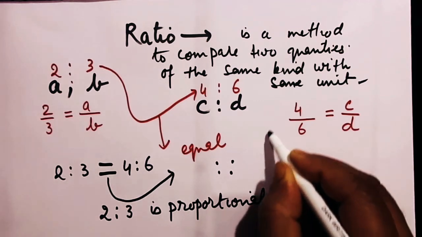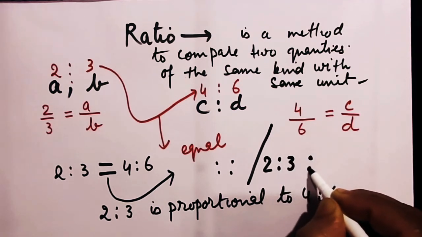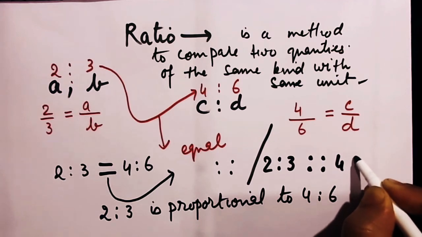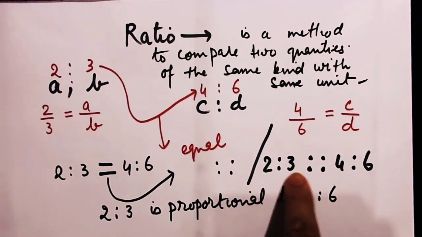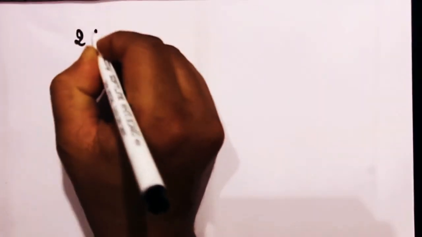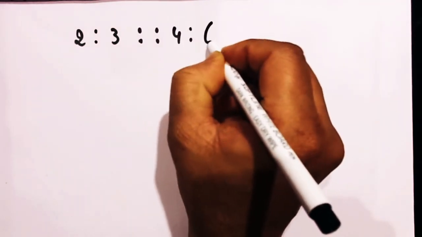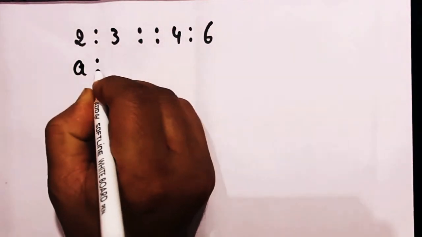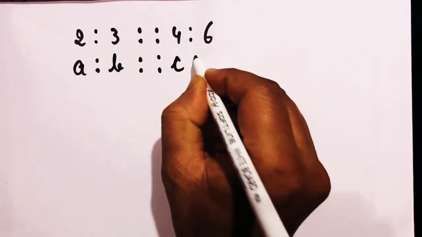We will write 2:3 proportional to 4:6. I hope you have understood up till here. 2:3 proportional to 4:6 can also be written as a:b proportional to c:d.